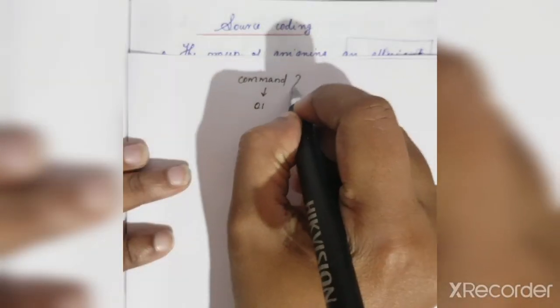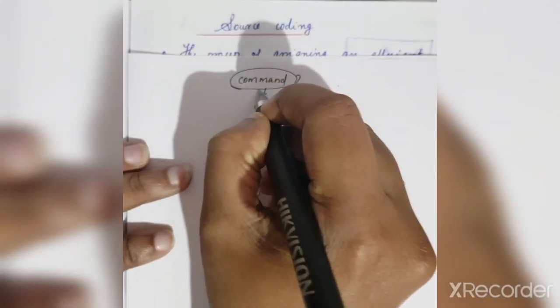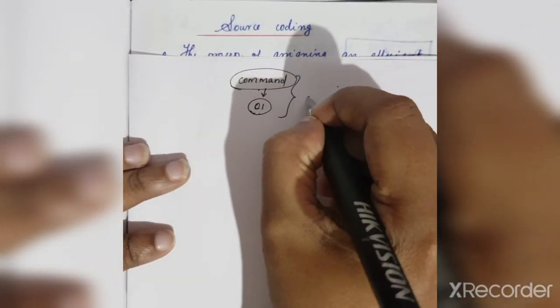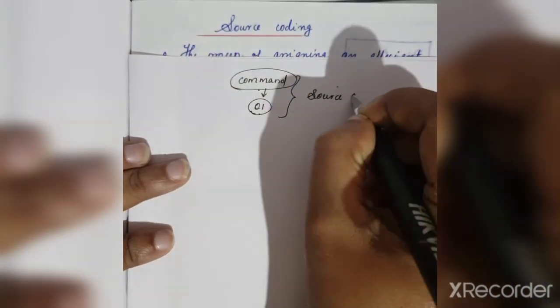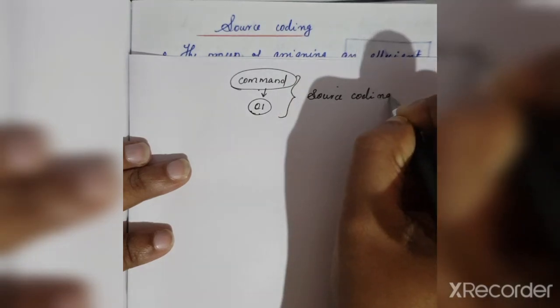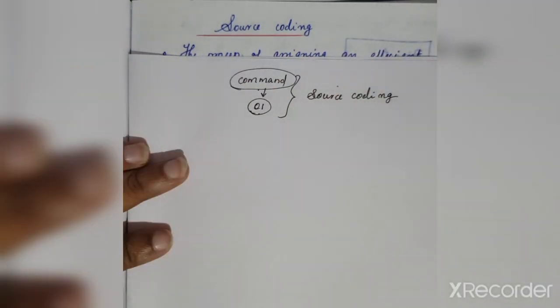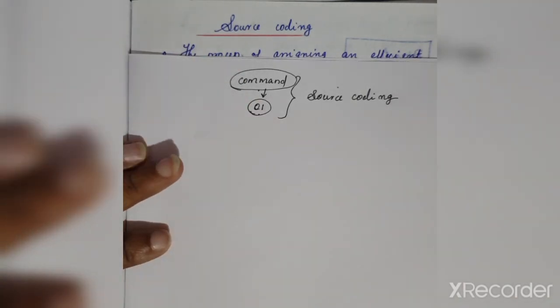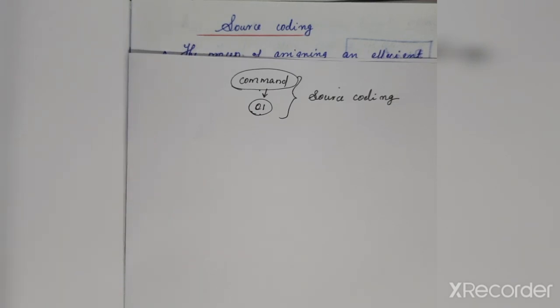This transformation of your data into a binary representation is what you call source coding. And the entity of your transmitter that performs this function is what you call the source coder or the source encoder.